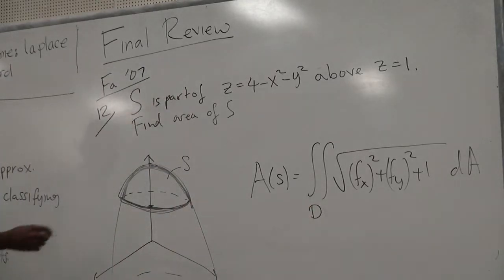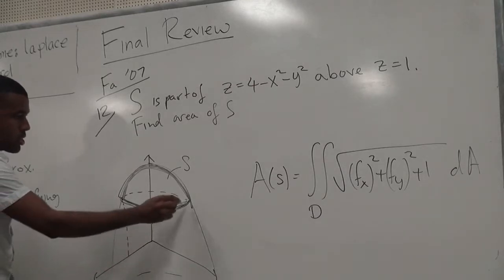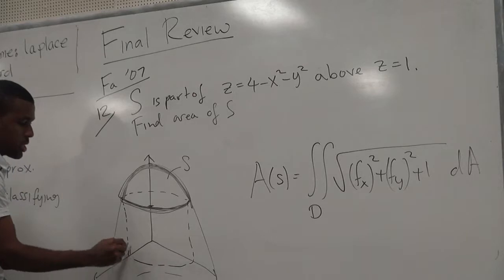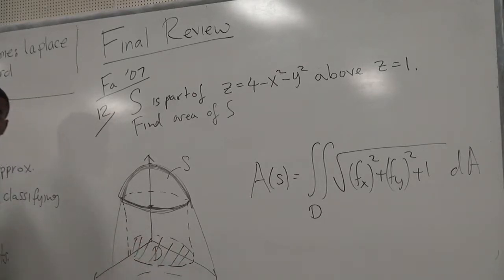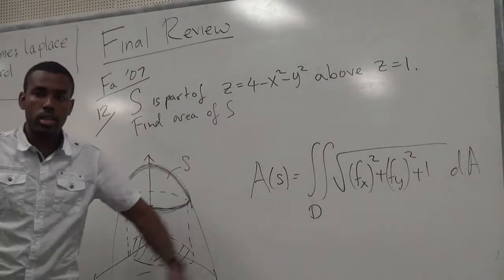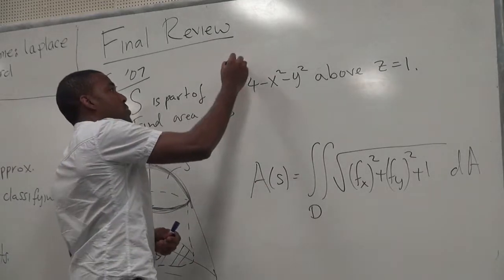D is the region of projection. Every time you integrate a double integral, there's a region of projection that you're integrating over. So in this case, the D would be here. First we have to figure out that D so we can set up that integral, and then we plug and chug. Of course, this here is the f.